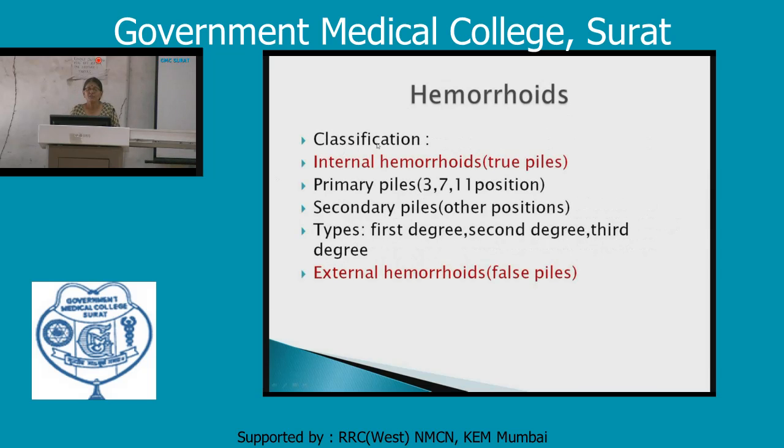Classification of hemorrhoids. Internal hemorrhoids or true piles are above the pectinate line, and they are varicosities or dilatation of the tributaries of the superior rectal vein. And they are primary if they are at 3, 7 and 11 o'clock positions, and if they are present at other positions, they are secondary piles.